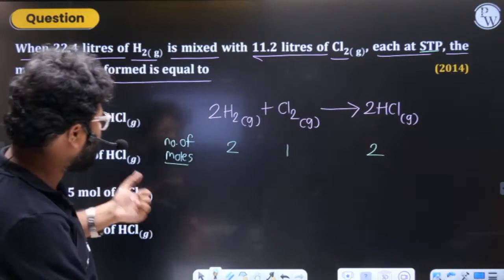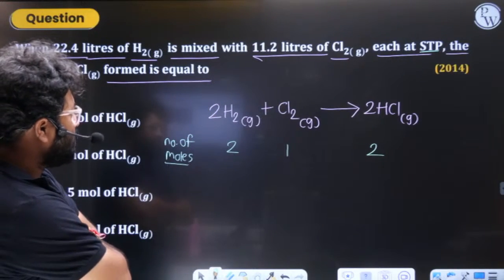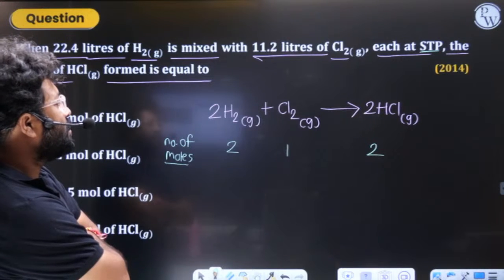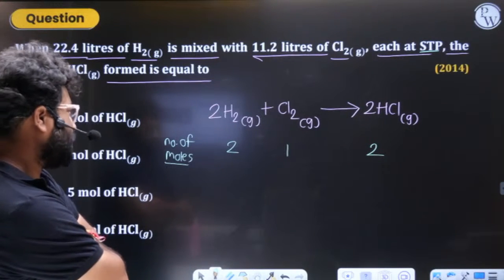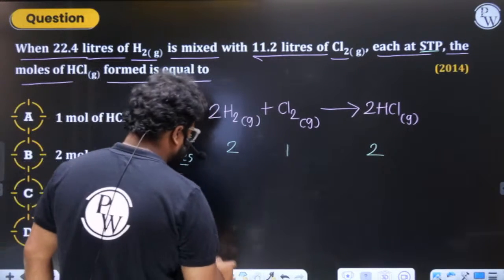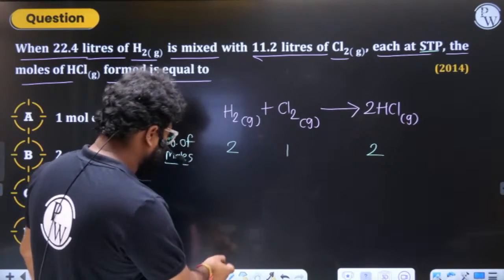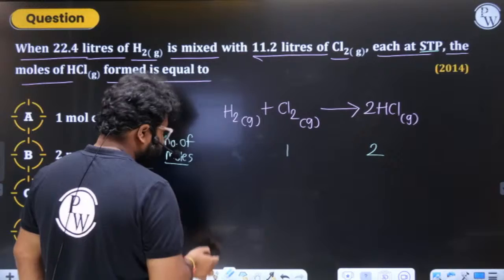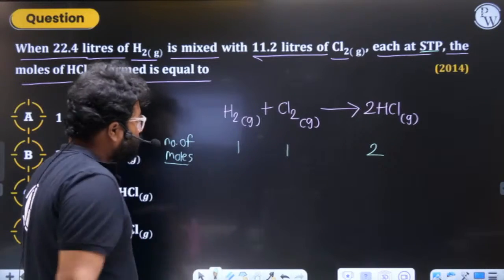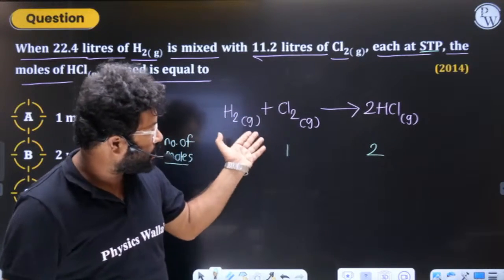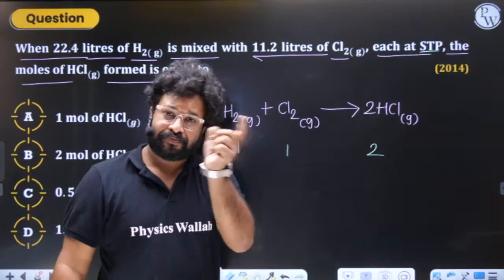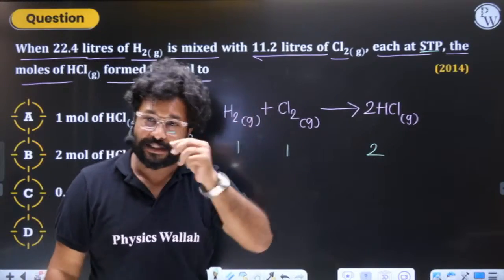No, sir, it is balanced, beta. Sorry. Not 2H2. Sorry, my bad. It is H2 only. So 1 mole of H2, 1 mole of Cl2 gets you 2 moles of HCl.